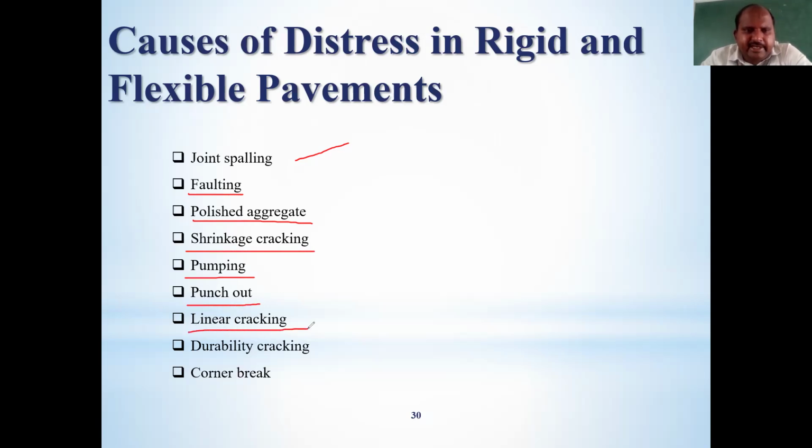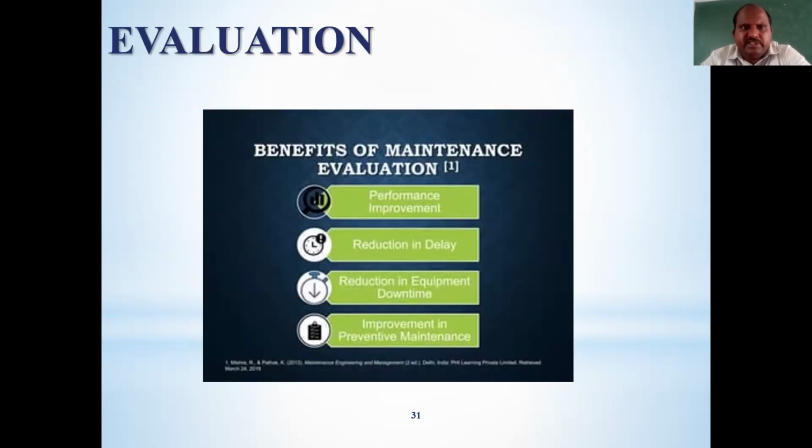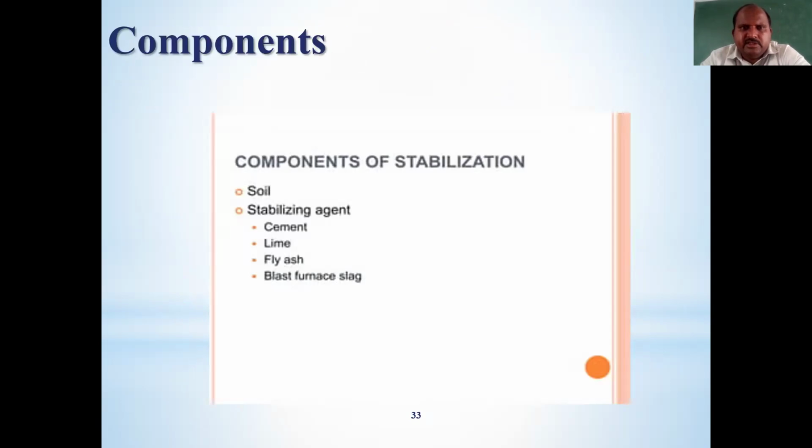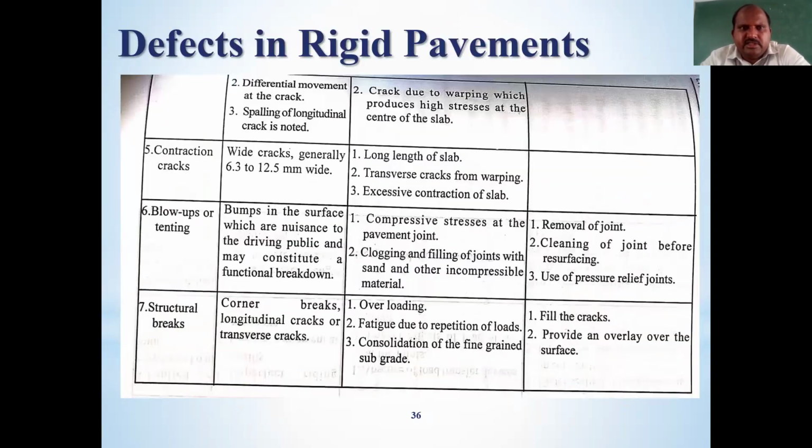Next one is linear cracking and durability cracking. Finally, corner break. These are some causes of distress in the flexible and also rigid pavement. So these are the pavement evaluation components, we are using the basic benefits and maintenance caused by the performance. So these are some components.